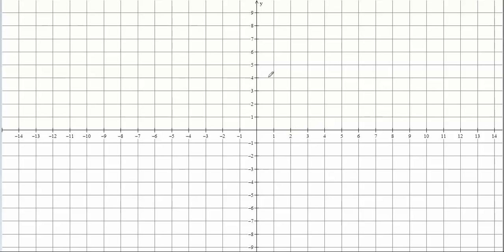Minus 1 over 0 isn't defined, and neither is this. That's not a proof, not even close to a proof. But it shouldn't be too hard for you to remember that the perpendicular to a vertical line is a horizontal line, and the perpendicular to a horizontal line is a vertical line.